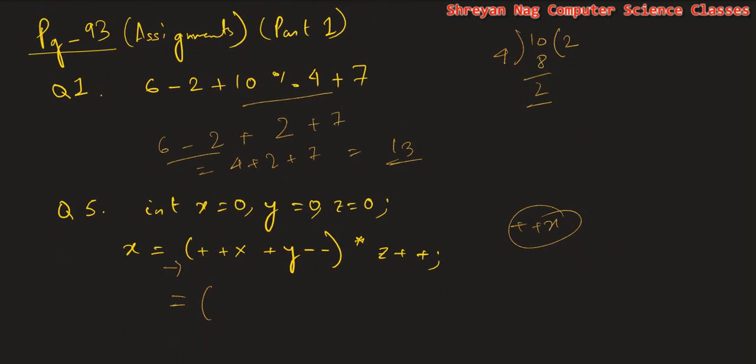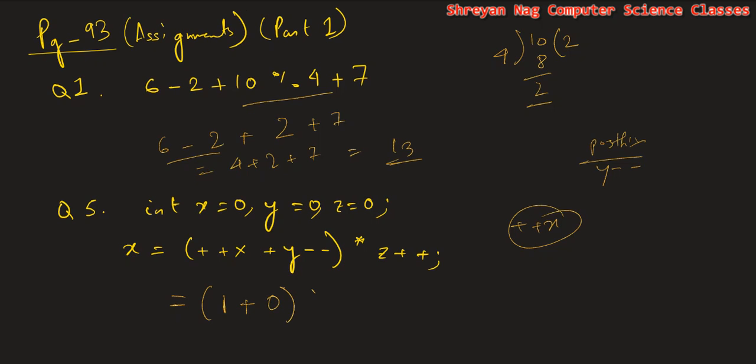So we will go inside the parenthesis operator. I could have chosen z plus plus also, but according to the associativity and precedence, we will do this. So plus x will be 1, plus y minus minus. Since it is postfix, the value of y will stay the same, and after the equation it will become minus 1.